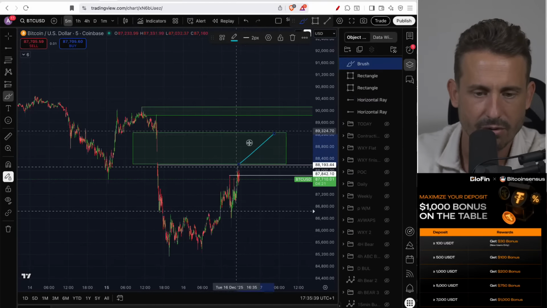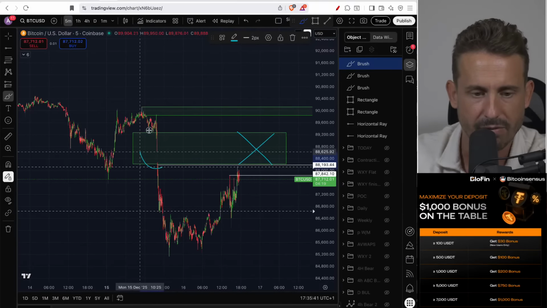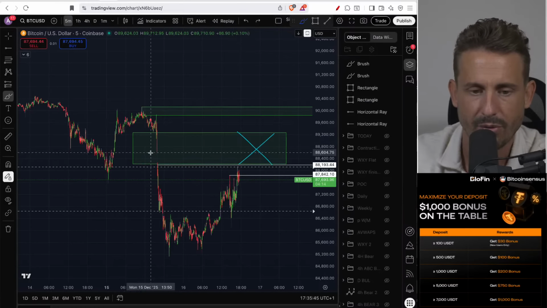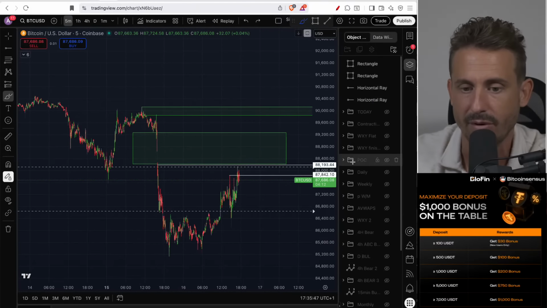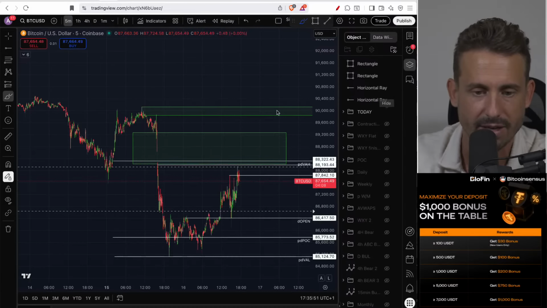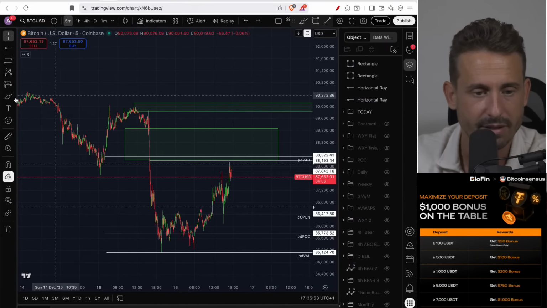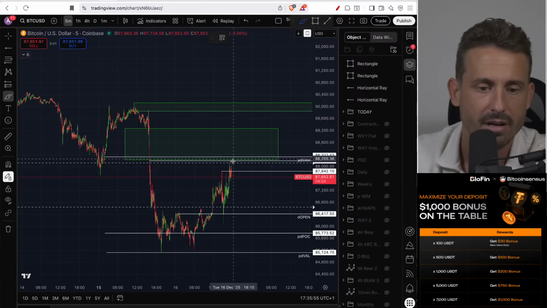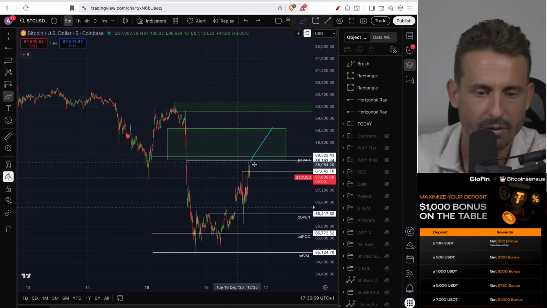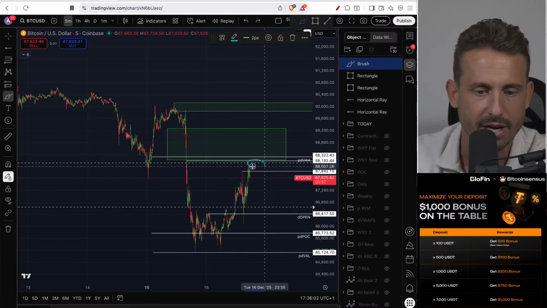This is a no short zone because of the fair value gap. I think it's pretty obvious, and that's actually getting above the previous day value area high. When you take a look at today's levels, if you break this area, this is the zone where it could get the pop. So naturally, this is the rejection zone.